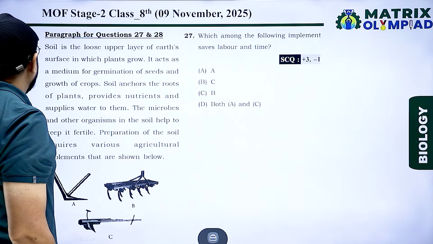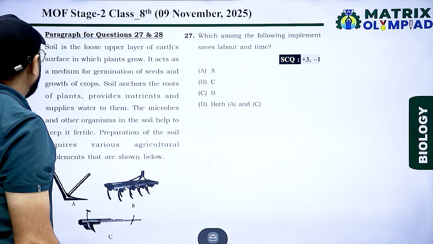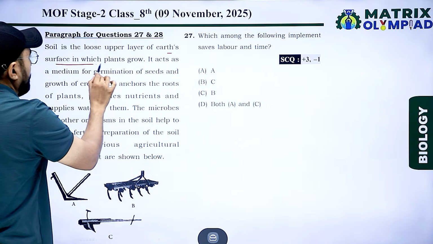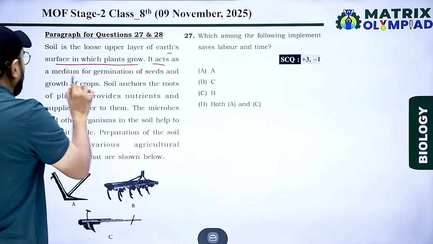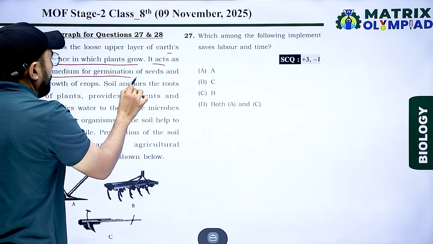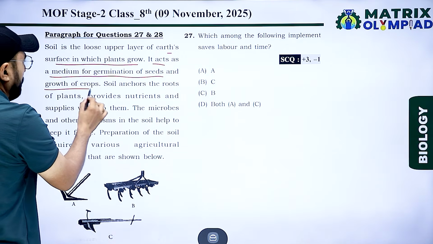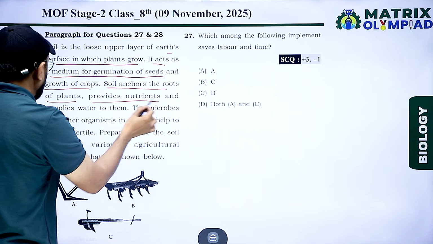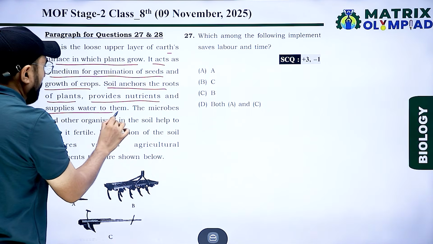Next, paragraph question. Soil is the loose upper layer of the earth's surface in which plants grow. It acts as a medium for germination of seed and growth of crop. Soil anchors the roots of plants, provides nutrients and supplies water to them.